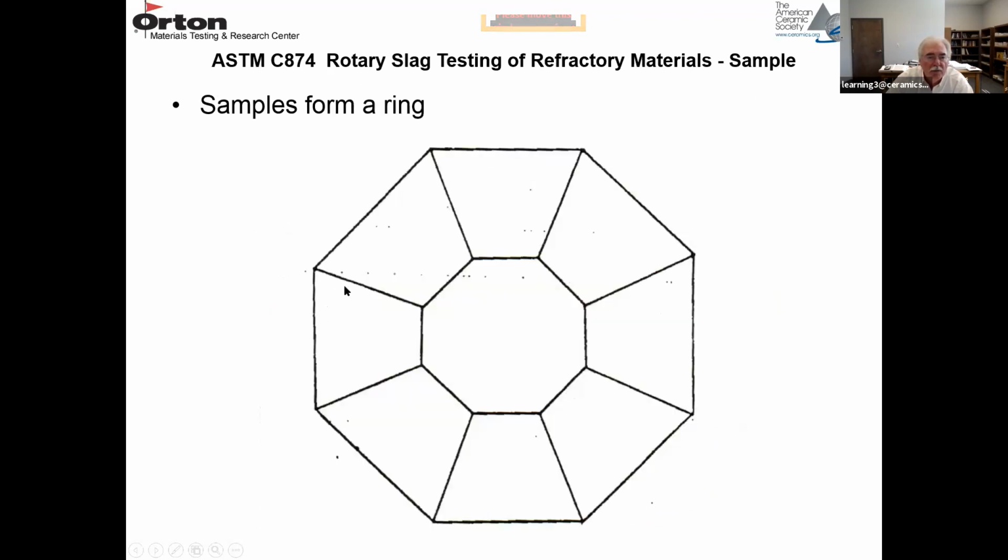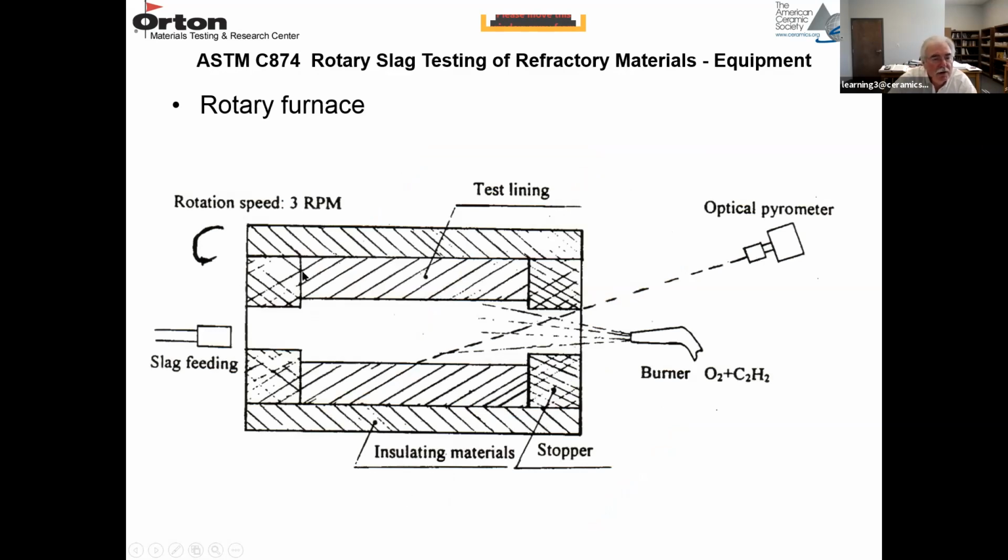And then you put the samples in a cylinder, a metal shell, and it forms a ring that looks something like this. So a cross section of the furnace is shown here. This rectangle is basically the metal shell. There's an opening on each end.